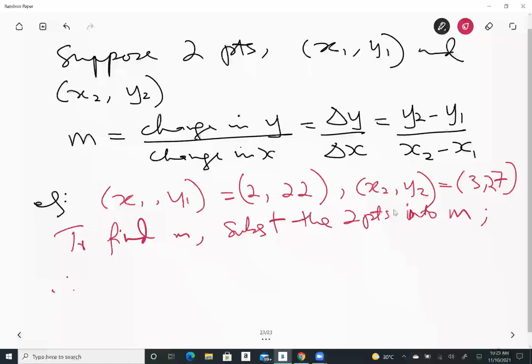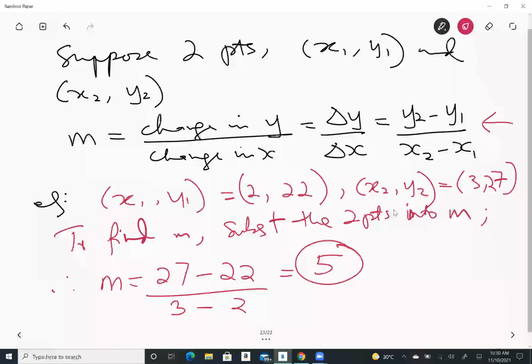We should know the formula, the ratio of the difference. So by doing the substitution, y2 is 27 minus y1, 22, divided by x2, which is 3, minus 2. So that is equal to 5. So the slope is 5, which is consistent with the one that we have.